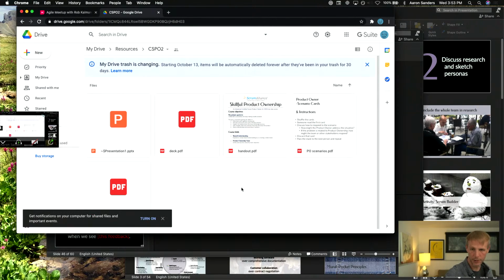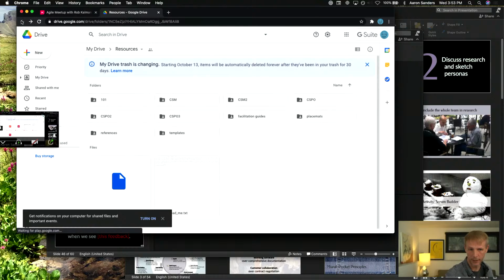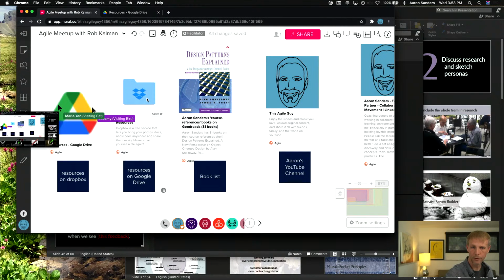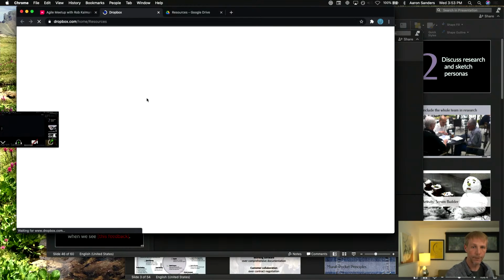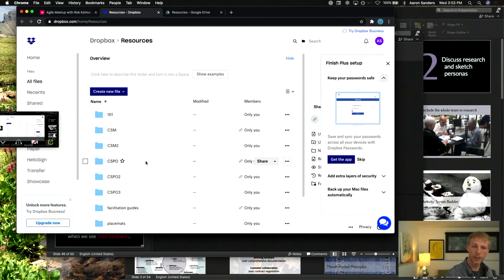I was actually just pulling things out of the Advanced Product Owner deck. So that's all there. And it's also available on Dropbox. You don't need to have a Dropbox login. It should allow you in here. And again, CSPO2 and Virtual Deck is what I was just pulling some slides off of. Now, things I was drawing, I don't have that. I could maybe add some of that in a folder for this meetup or something, a couple of the pictures that I was drawing.